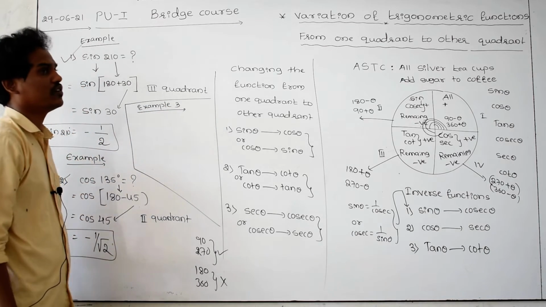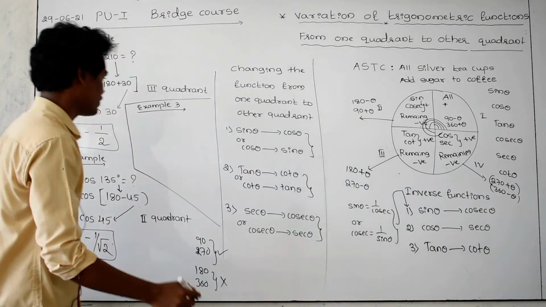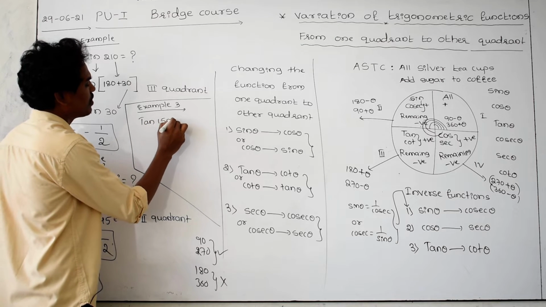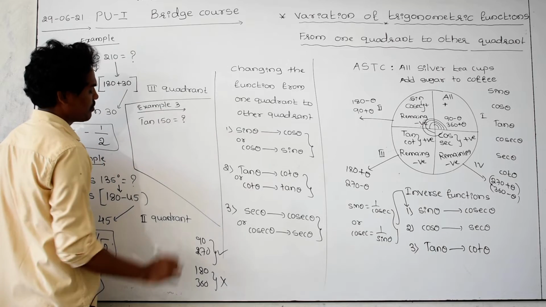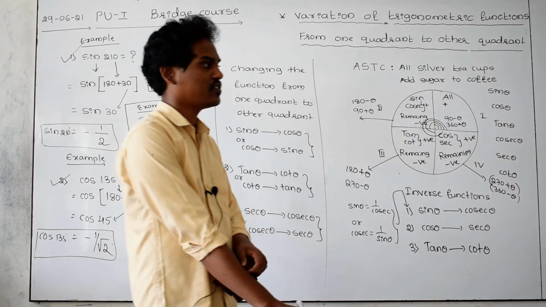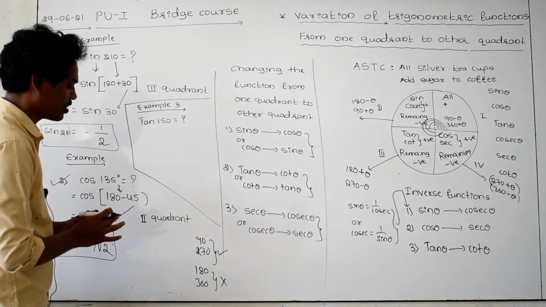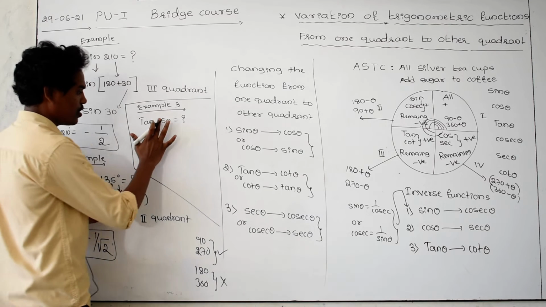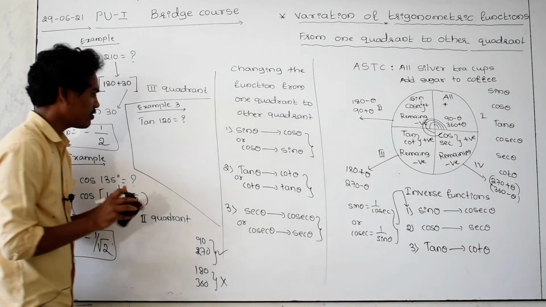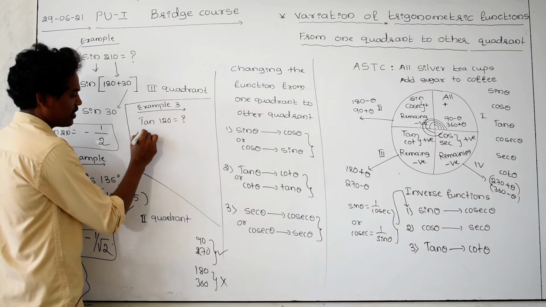What is the value of, for example, you can take cos 150 degree, or tan 150 degree, or else you can take tan 330 degree, or tan of 120 degree. What is the value of tan of 120 degree? You have to find out. I am writing tan as it is.